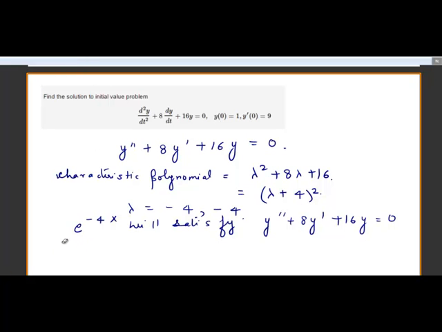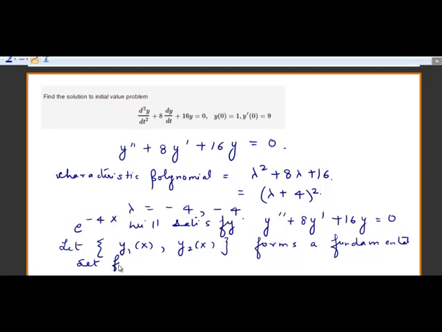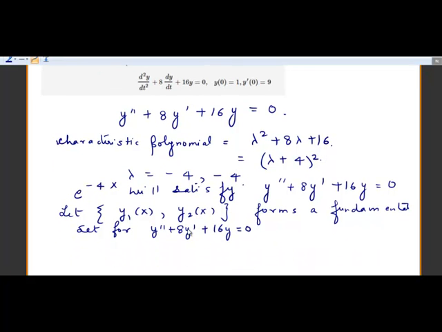First let me write down: let y1(x), y2(x) form a fundamental set for this particular differential equation. Okay, so let this form a fundamental set.